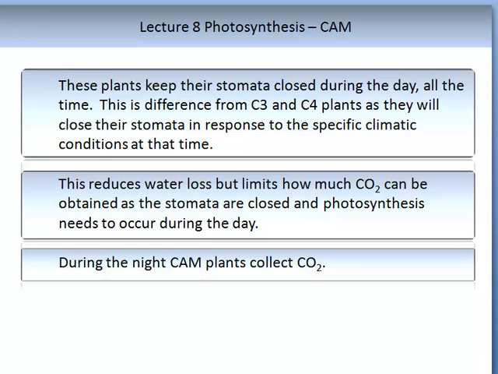Obviously, this reduces water loss, but it would limit carbon dioxide, wouldn't it? Well, CAM plants have adapted this so that they can still photosynthesize and keep their stomata closed during the day. During the night, this is the time when CAM plants will collect their carbon dioxide.